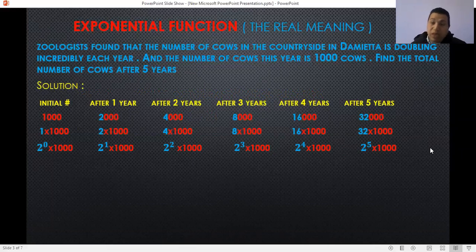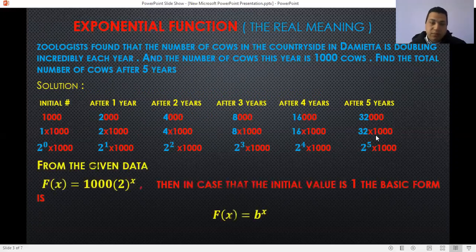Then we can deduce a general formula to sum up all these discussions, and we can say in general that f of x equals 1,000 times 2 to the power x, where x denotes the time interval or the number of years, as you like.